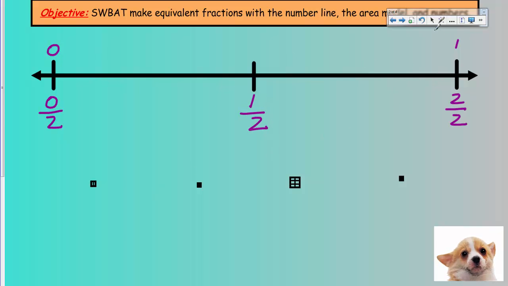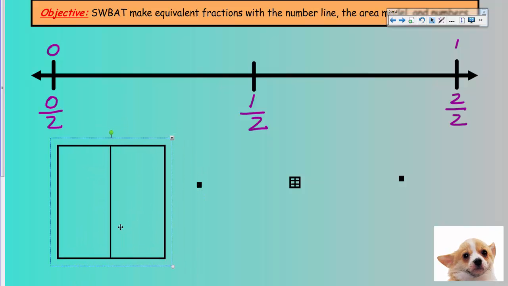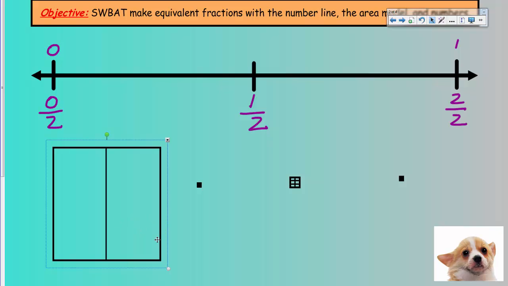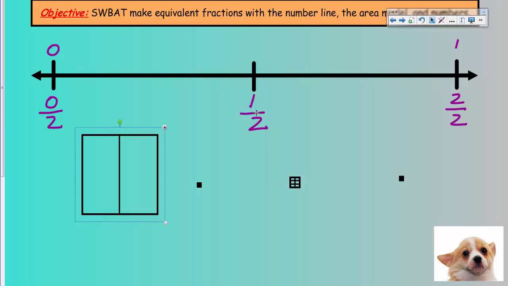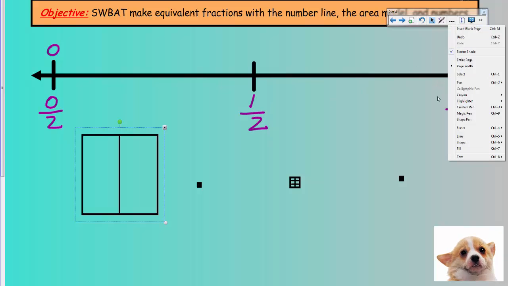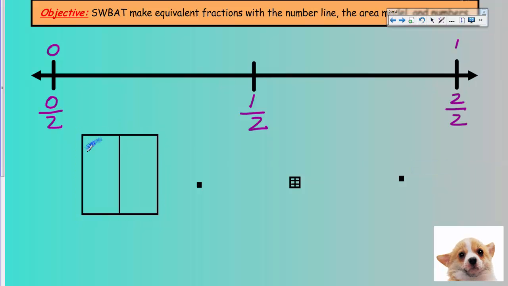Okay, so here we have our number line. Now what I'm going to do is just kind of pull this up, and we could actually represent this. Let me get a little bit smaller, like so. Okay, so if we wanted to represent 1/2, I guess you could do a lot of different things, but we're going to do it here with the shading.